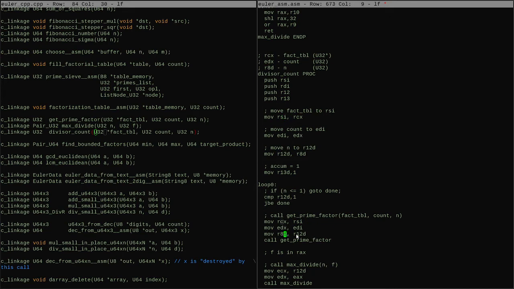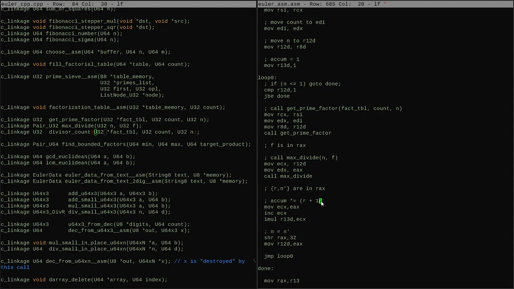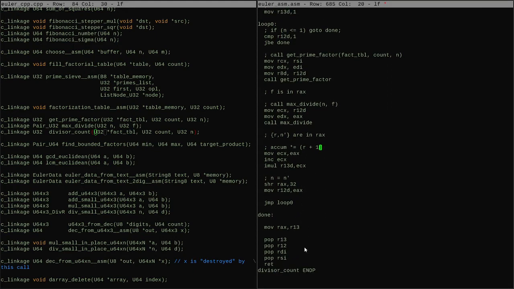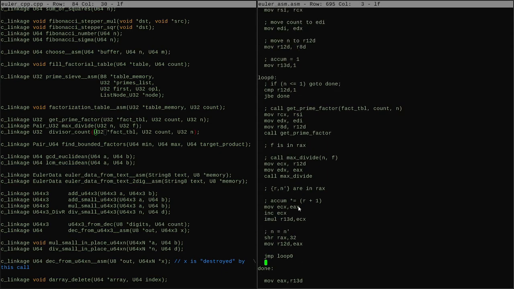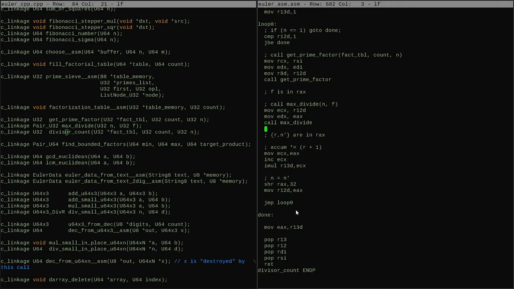The rest of these are 4 bytes. Yeah, that looks fine.